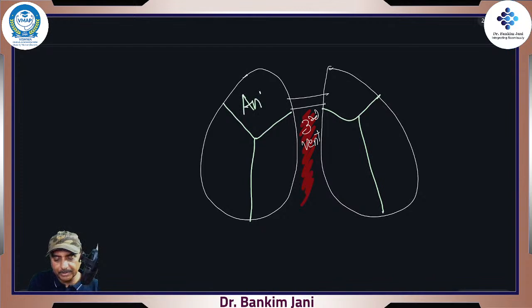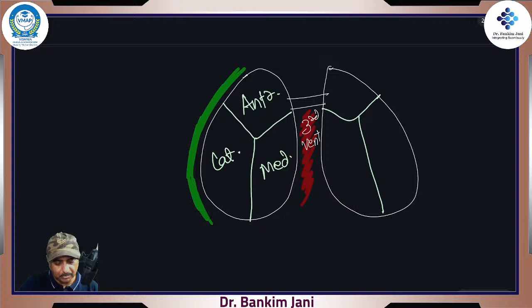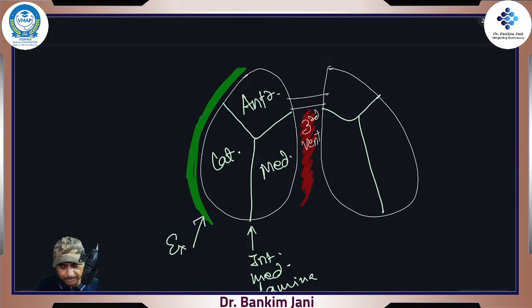This one would be anterior, this one is the medial group, this one will be the lateral group, right? Then surrounding it externally, we have the external medullary lamina, because this one was the internal medullary lamina or sheath, and this one is the external medullary lamina.